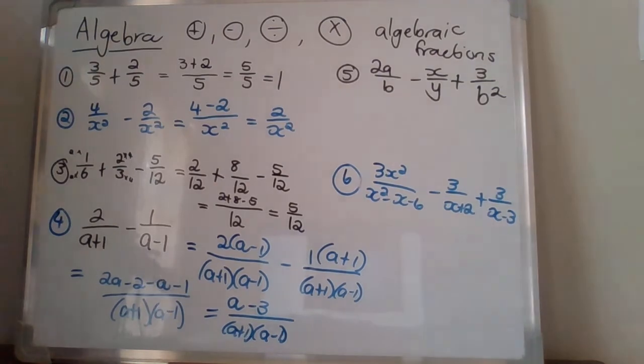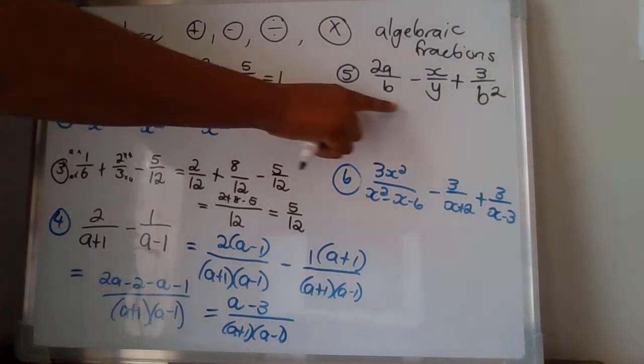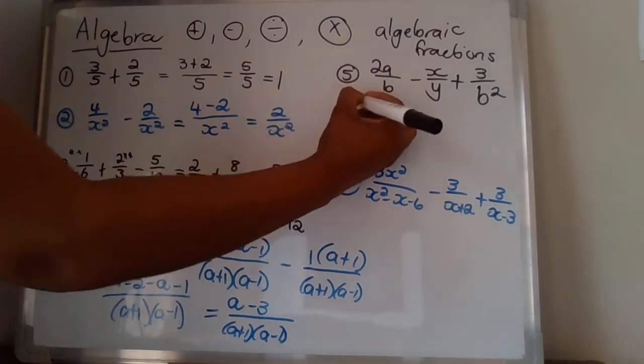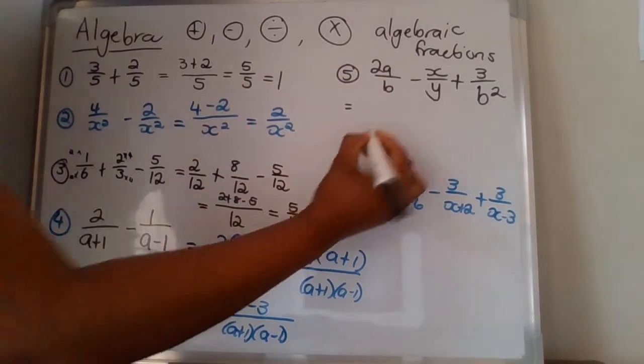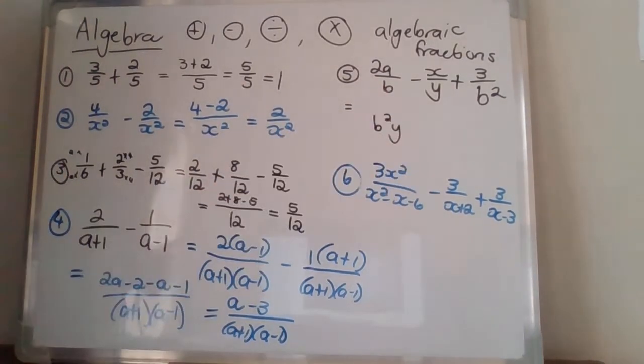All right. Number 5, same principle. My denominators are not the same, so I need to find the lowest common denominator. Okay. So here my lowest common denominator is going to be b squared y.